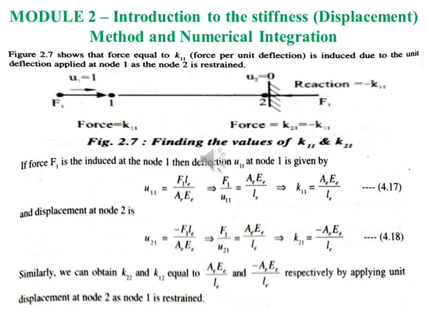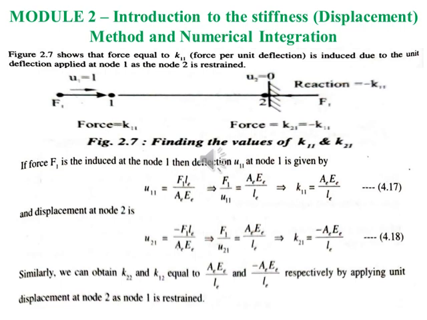So if force F1 is induced at node 1, then deflection U11 at node 1 is given by U11 equal to FL by AE, or F1 divided by U11 is equal to AE divided by L. In simple words, K11 is nothing but AE divided by L, where A is the cross-sectional area of the element, E is the elasticity of the element, L is the length of the element.